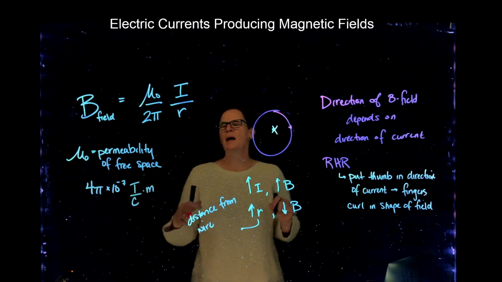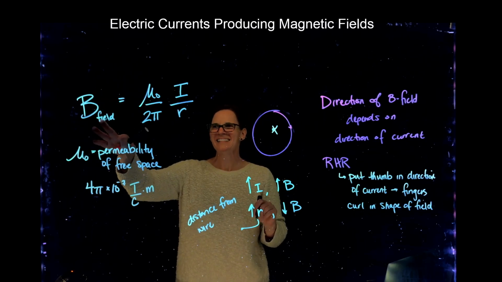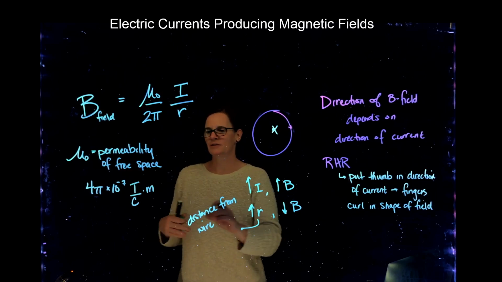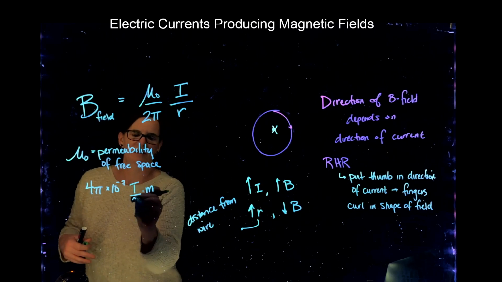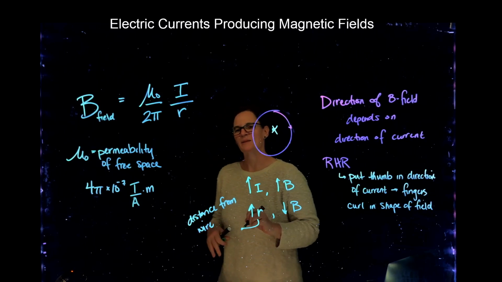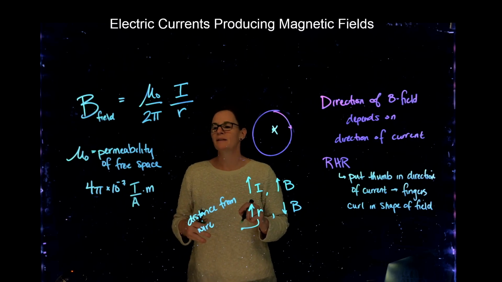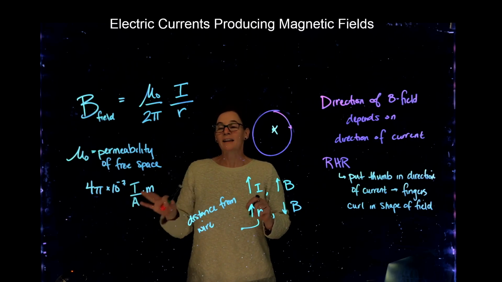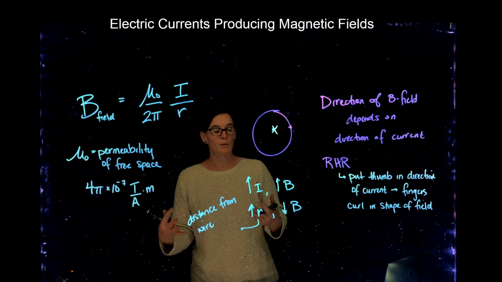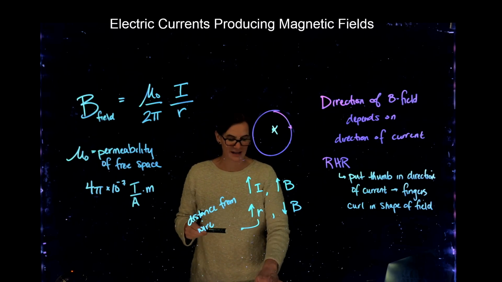So I can do a quick unit analysis. I need the magnetic field to be in Teslas. Current, of course, is in amperes. And R is in meters. So Tesla meter per ampere. That gives us the strength of the magnetic field due to a current carrying wire. The direction is going to be dependent on that right-hand rule.